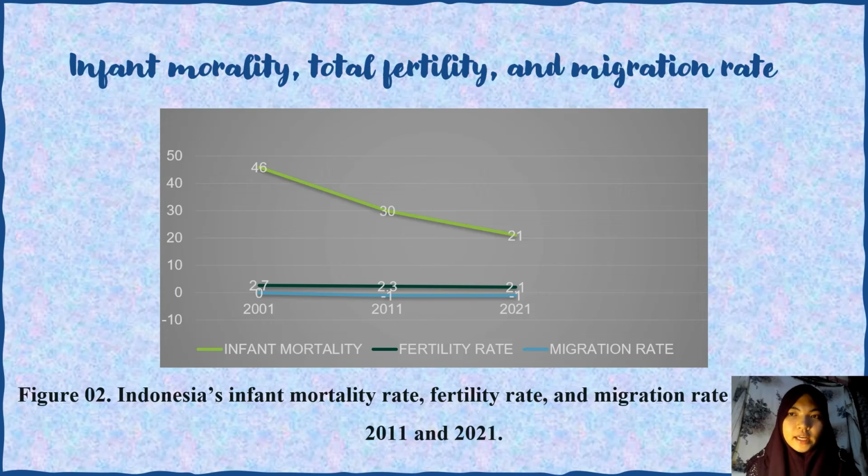It also shows that there is a decrease in the fertility rate, and that the net migration rate is increasing from 2001 to 2021. So now let's discuss the implication to the environment and also the conclusion.